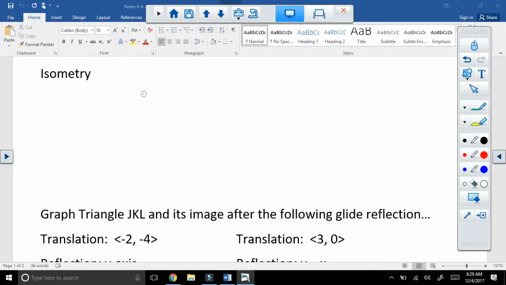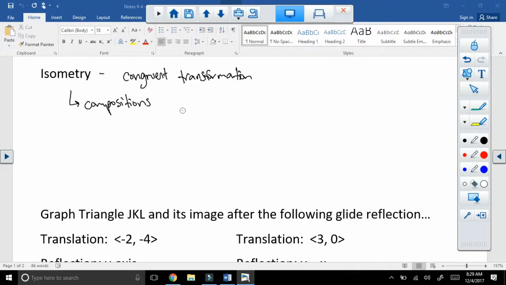Okay, and then this next word, isometry, you just need to know that that is a congruent transformation. Everything we've done so far has been an isometry. Everything we've done so far has been congruent if you did the steps right. And we need to know that compositions are isometries also.